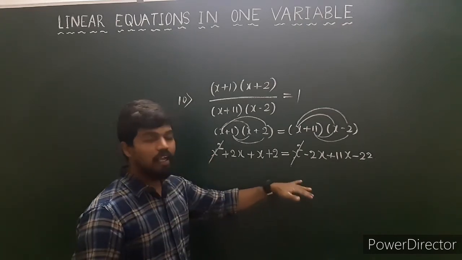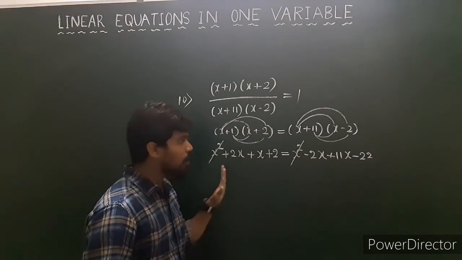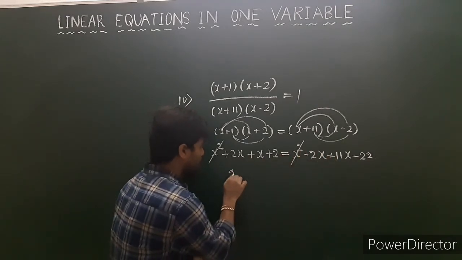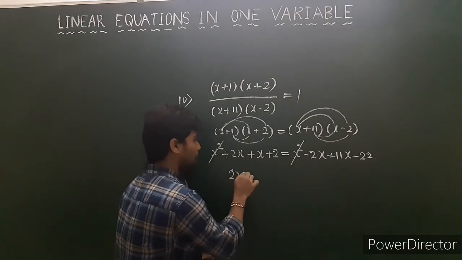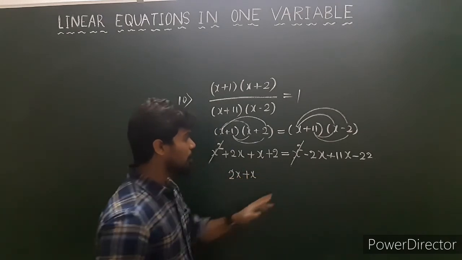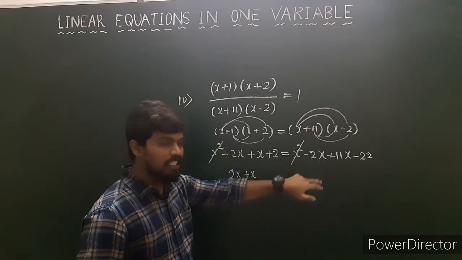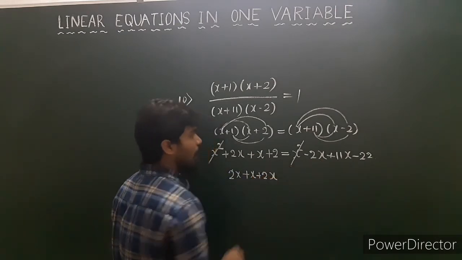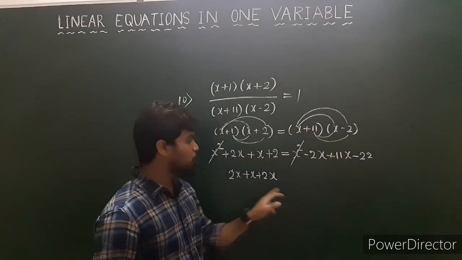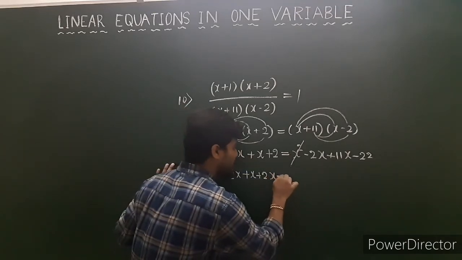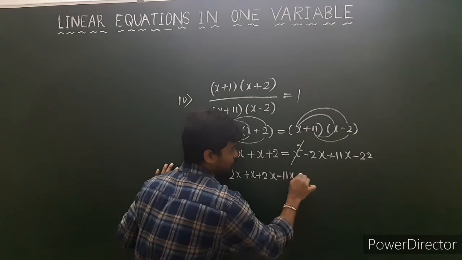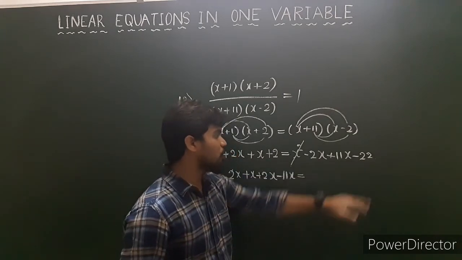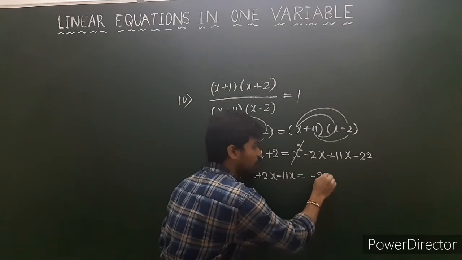So now you take all x terms together and all constants to one side. 2x plus x, it is already here. Now minus 2x, you transpose to this side, you get plus 2x. And 11x, you transpose to this side, you get minus 11x. Next, you have already one constant minus 22 here.